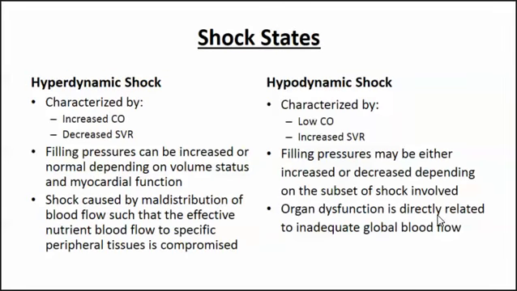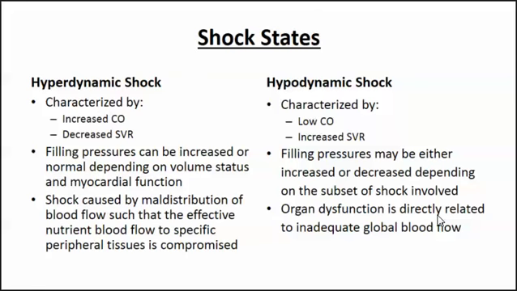Hyperdynamic shock states are characterized typically by an increased cardiac output, specifically an increased contractility. The heart tries very hard to maintain an appropriate amount of distal or systemic and regional perfusion by rapidly increasing cardiac output. In addition, hyperdynamic shock is typically characterized by a decreased SVR, and this is sort of the overlying principle.